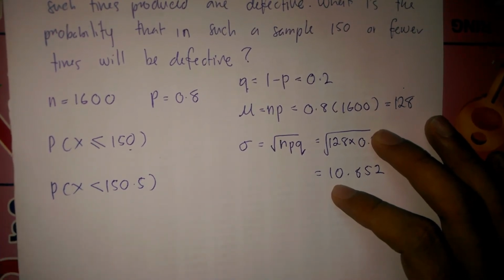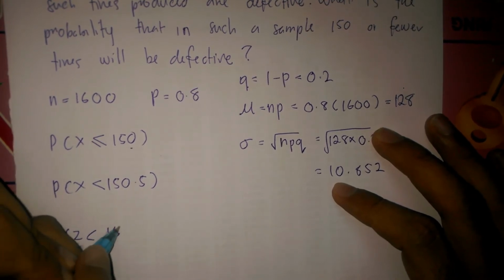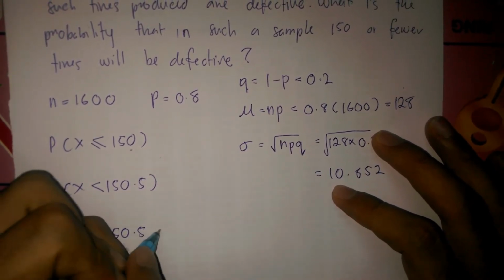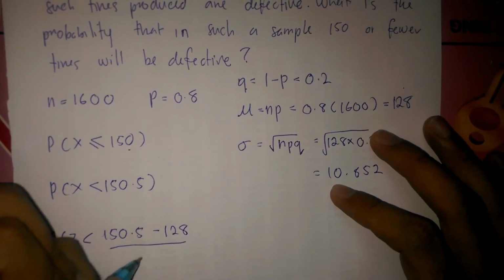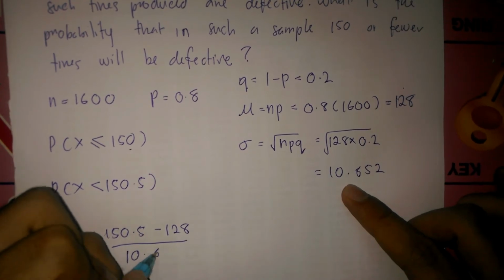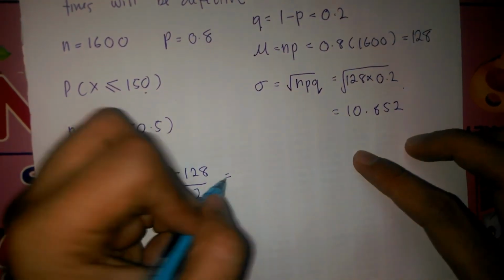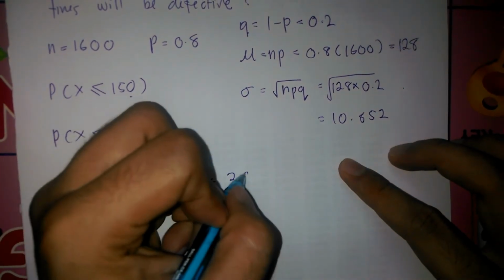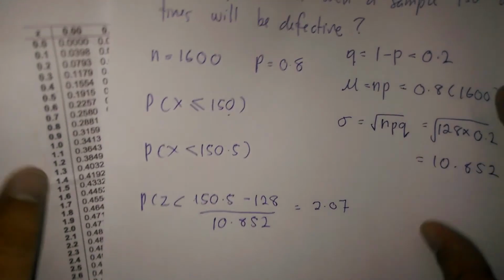So we can find the Z: 150.5 minus 128, divided by the standard deviation, and we get 2.07. From this we refer to the table.